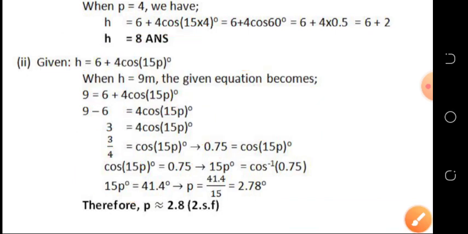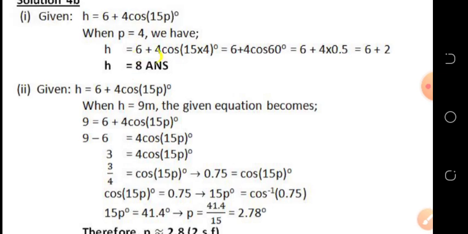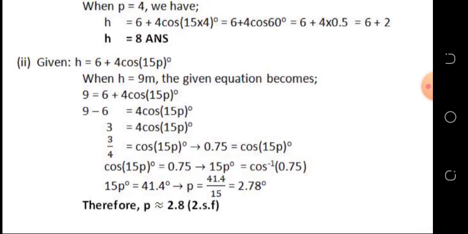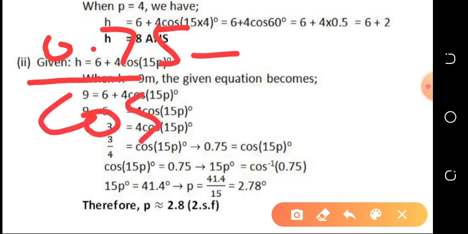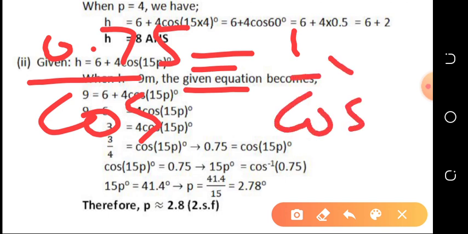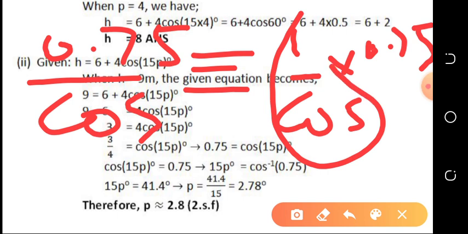But you must note that dividing 0.75 by cos is another way of having cos inverse. You know, 0.75 divided by cos can be rewritten to look like 1 over cos times 0.75. Hope you can see that. Now this 1 over cos means cos inverse. Anytime you have 1 over, it means power minus 1.